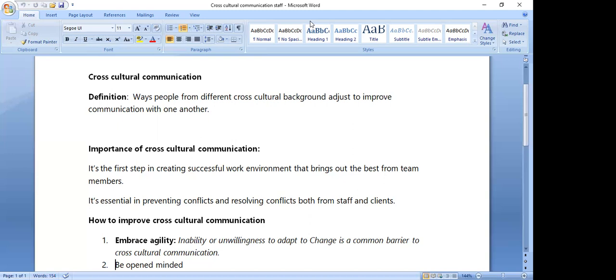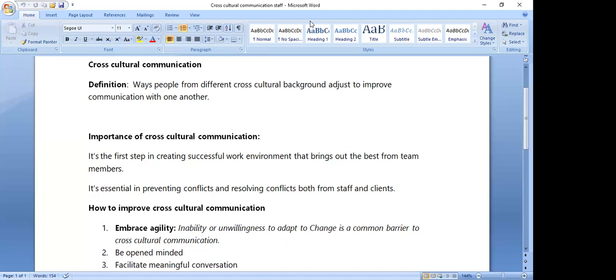Number two, we must be open-minded. Open-mindedness means don't jump to conclusions when people make statements. Don't assume you know what they intend to say, because oftentimes your perception will not be correct. Sometimes it can be correct, but it's not 100% correct.